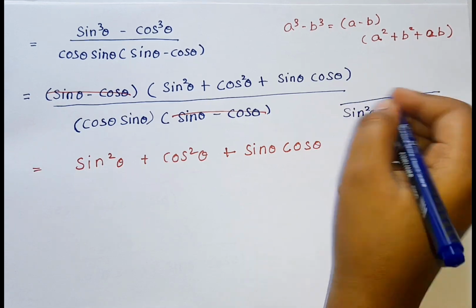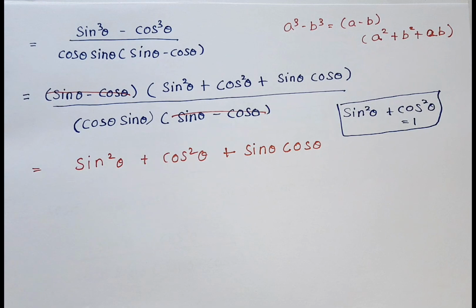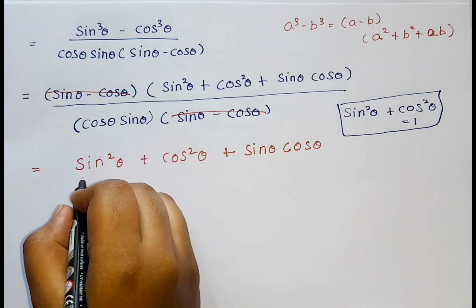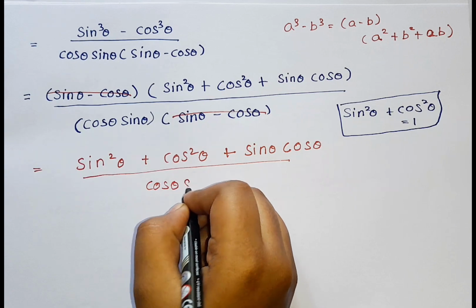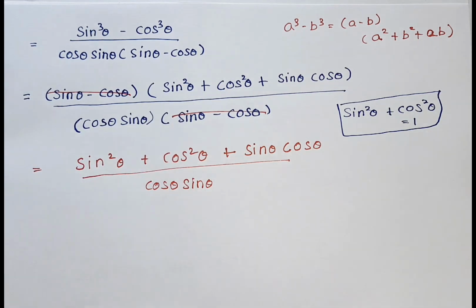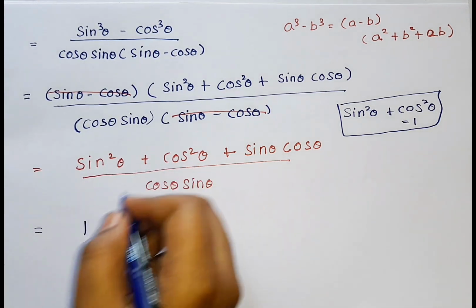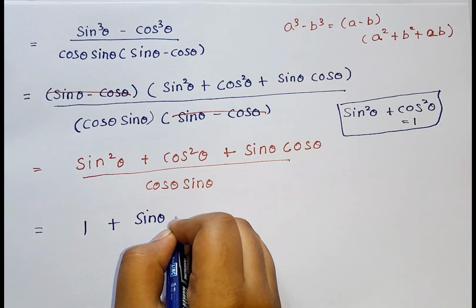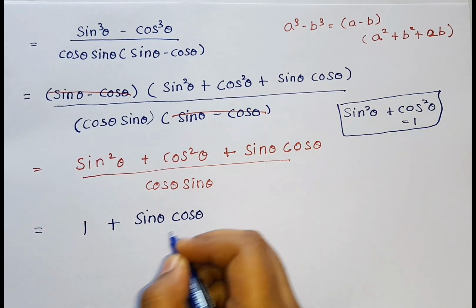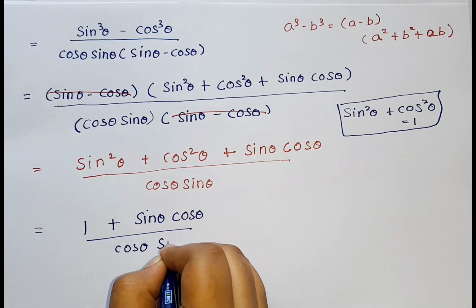So when I apply that identity, I'll get 1 and then plus sin theta cos theta, divided by cos theta sin theta.